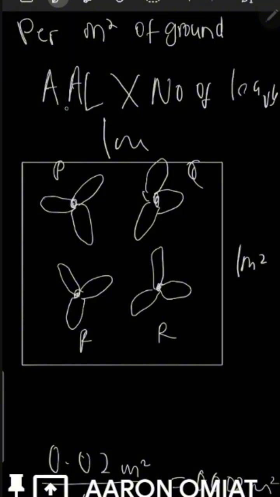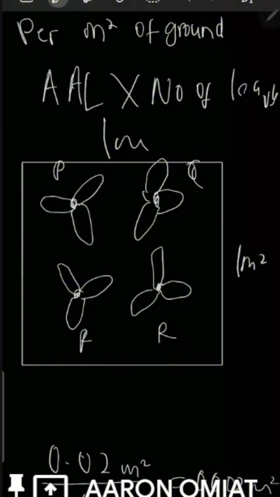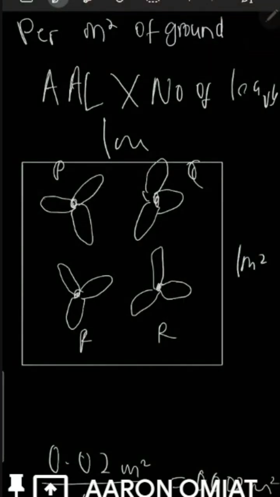We find the average area of a leaf. Okay. Then we multiply by the number of leaves. The number of leaves of each plant or the number of leaves of the plant? The plants P, Q, R, S in that area.